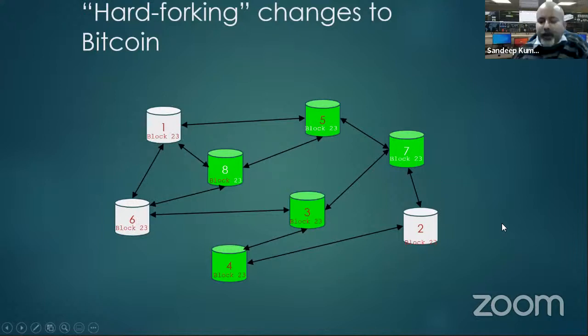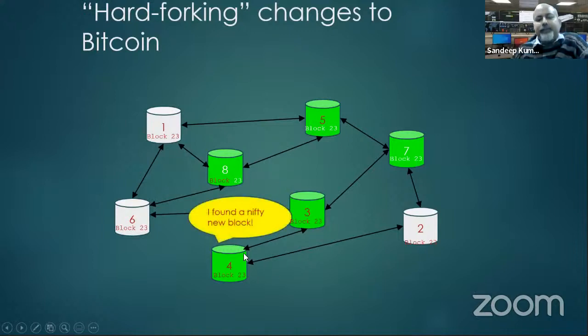Okay, so now what will happen? Suppose a new block is mined. The new block is 4 megabytes. Now that block will be broadcast to everybody. Since this node has the new software, it will say, oh, that's a new block and it is according to the new rules, so I am fine with it.